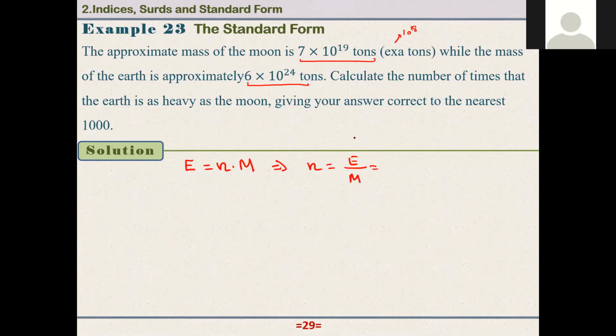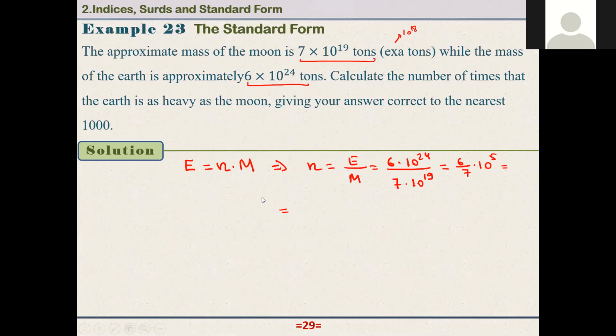Now what is E? Here it is Earth, 6 times 10 to the power 24 over, how about the moon? That is 7 times 10 to the power 19. And if you simplify this, what we have here is 6 over 7 times 10 to the power 24 minus 19, it is 5, right? And now we can just write this in standard form. It says, giving your answer correct to the nearest 1,000.